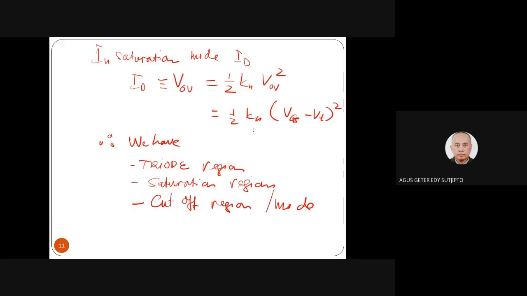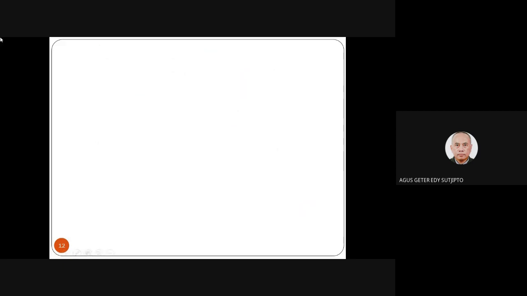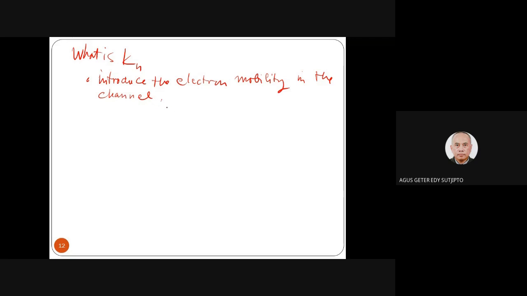Kn is introduced because of the electron mobility in the channel. So electron mobility is mu n.